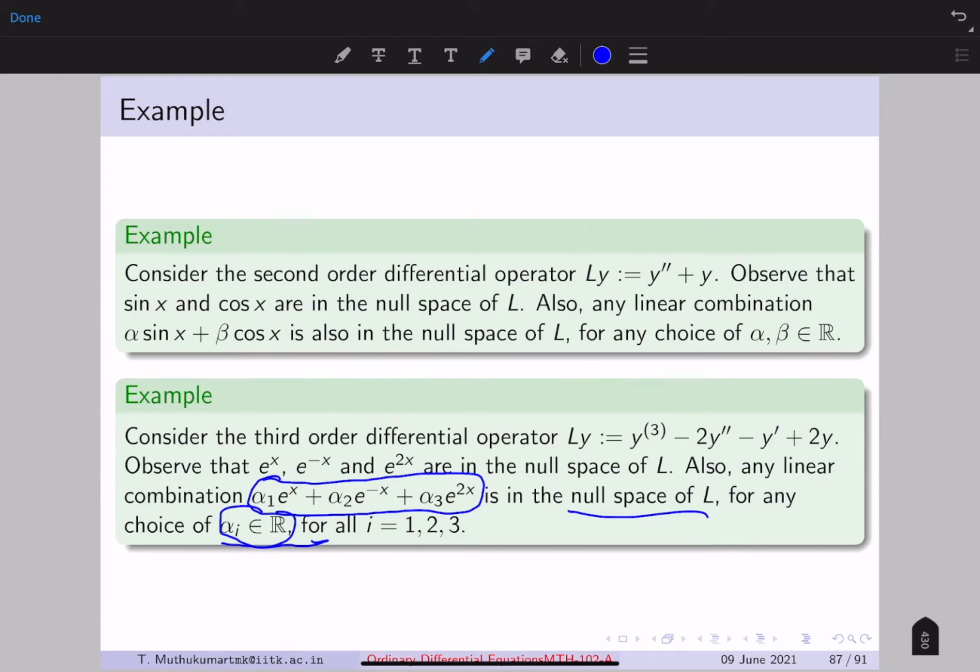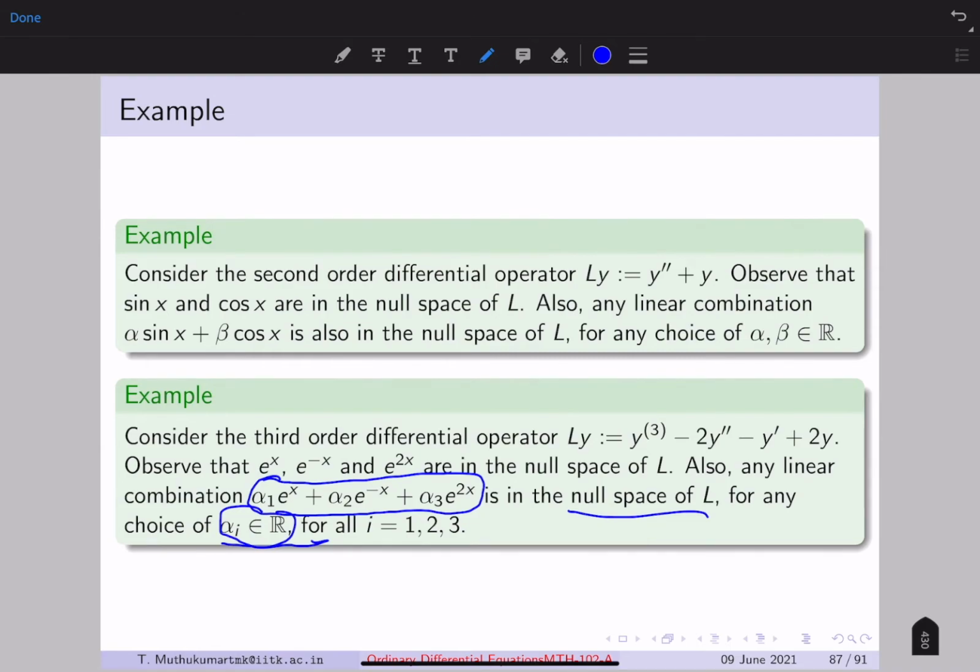So in other words, if I know one solution in the null space of a linear operator L, say y, then I know that alpha y are also solutions.